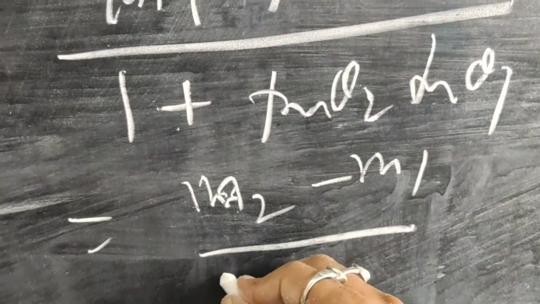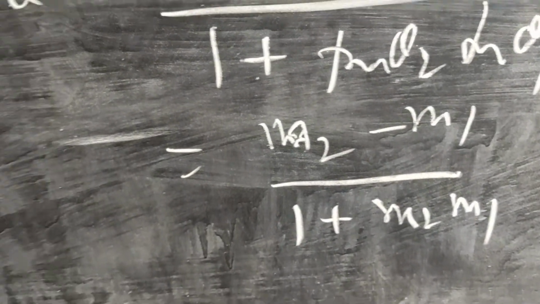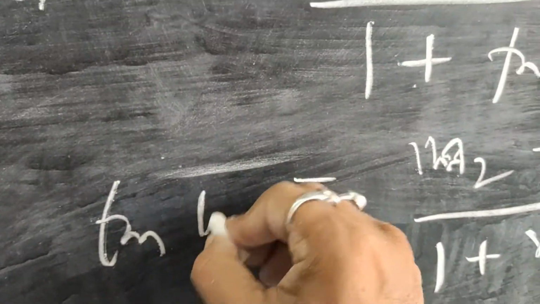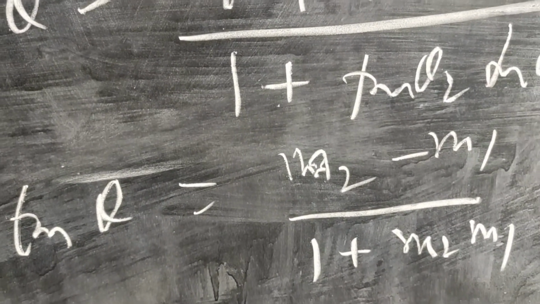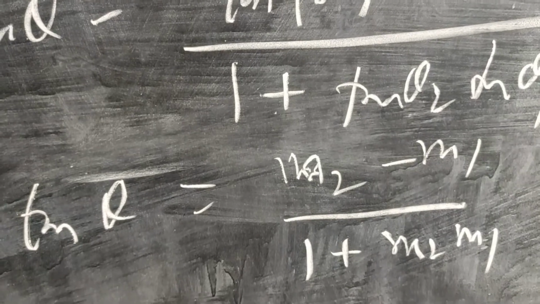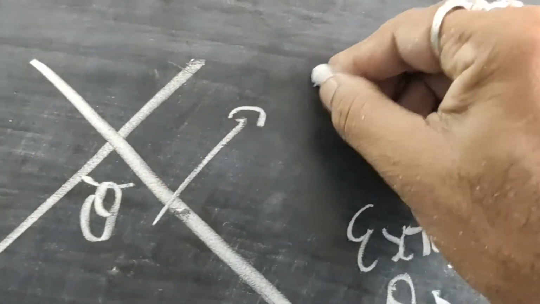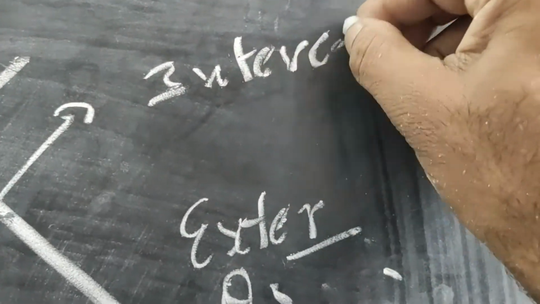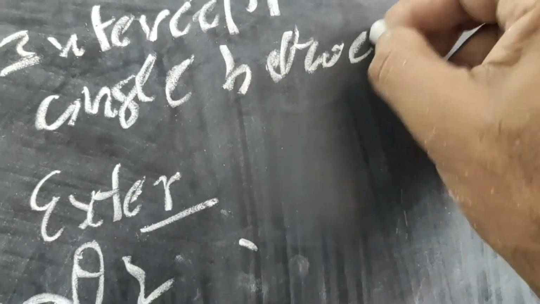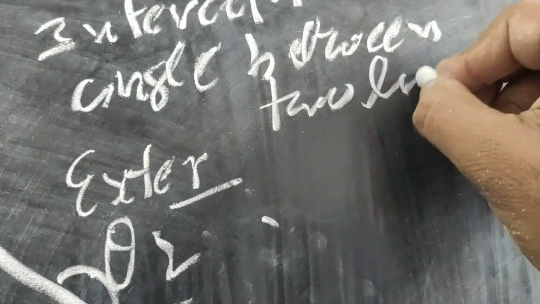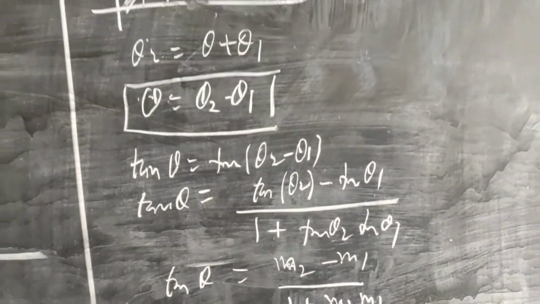So this formula also tells us if we know the slopes of the lines, then we can find the tan theta between the lines. What we have learned here is the intersect angle between two lines. What is theta here? Theta is the intersect angle between two lines, right?